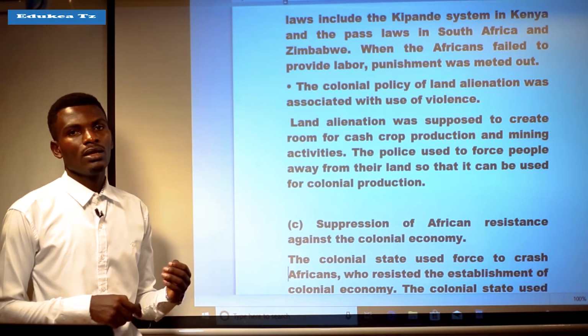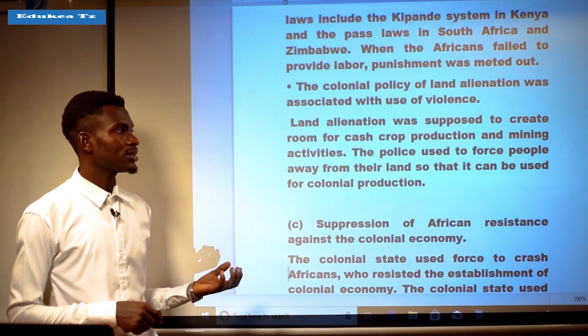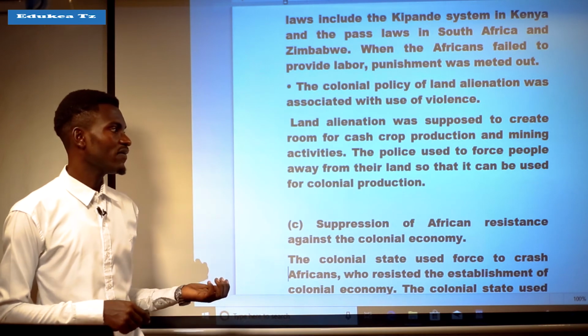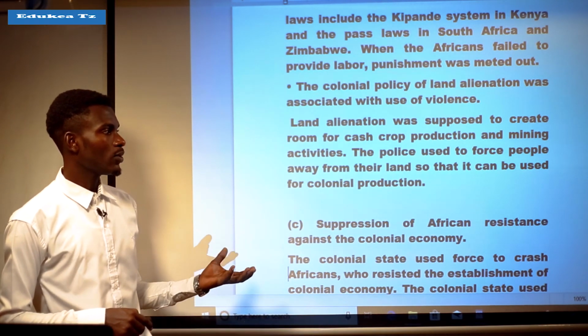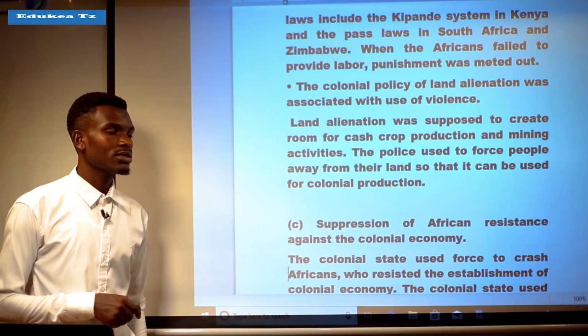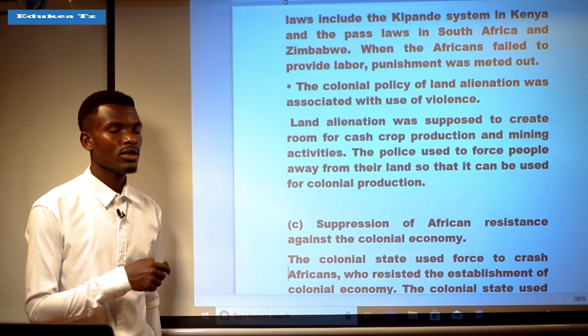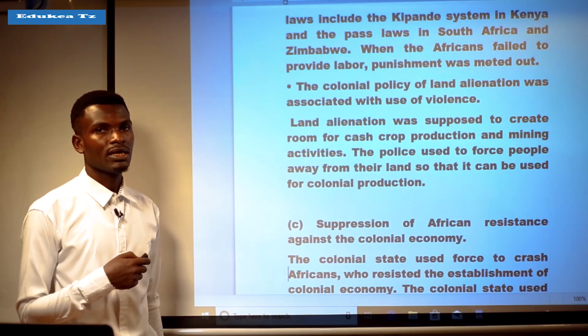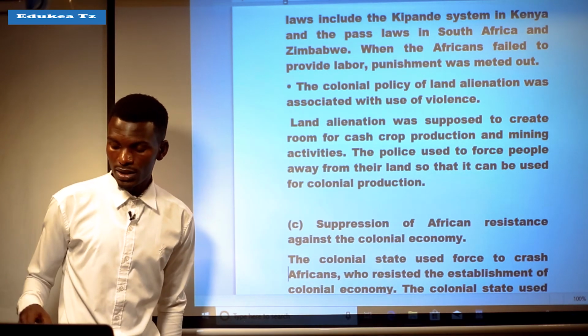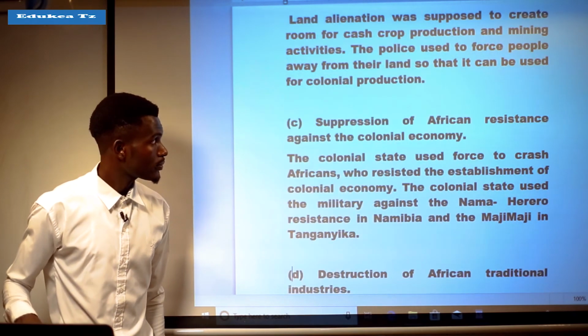It means that the colonial state used the police to force the people of Africa away from their land so that it could be used by the colonialists in their production, specifically agricultural production and mining production.